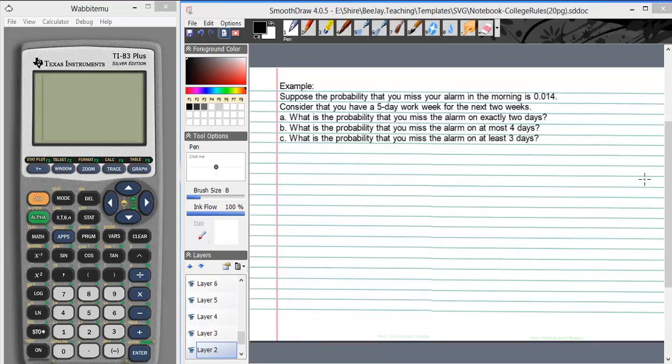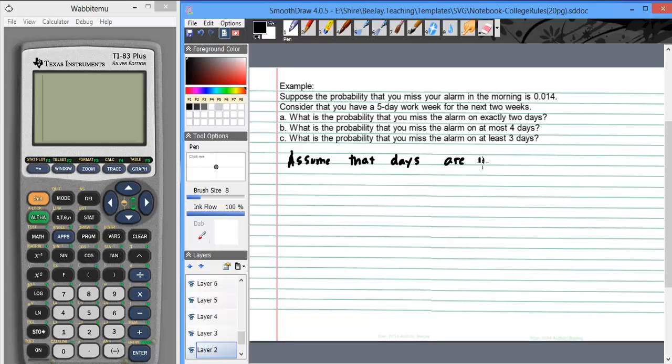Now, if we make certain assumptions that one day is independent of every other day, so if you assume that days are independent, then we have n, the number of days, to be 10.